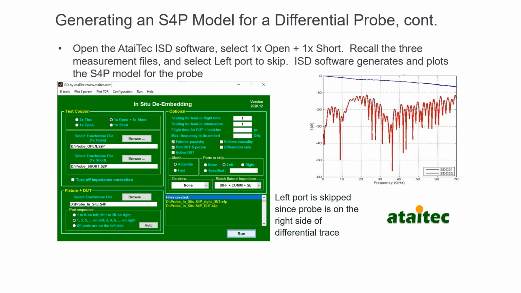The probe will be on the right side in this case. Now, on the right-hand side is the probe model after it's completed its model extraction, and this is a 70 gigahertz, no ground probe model for our brand new differential probe to 70 gigahertz.